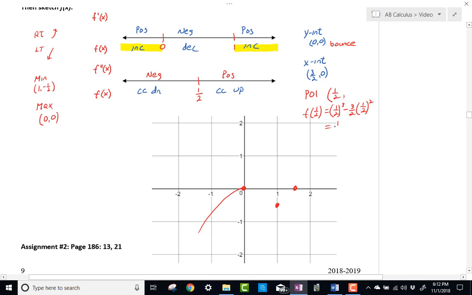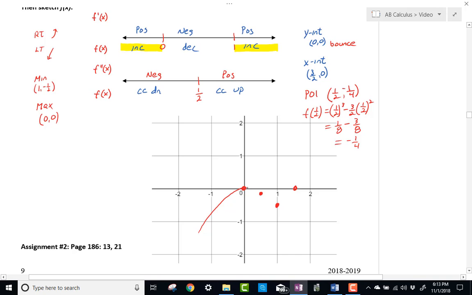That's going to be 1/8 minus 1/2 squared is 1/4. 1/4 times 3/2 is 3/8. So that's going to end up being negative 2/8 or negative 1/4. So I actually have a point of inflection at 1/2, negative 1/4, which is somewhere right about here.